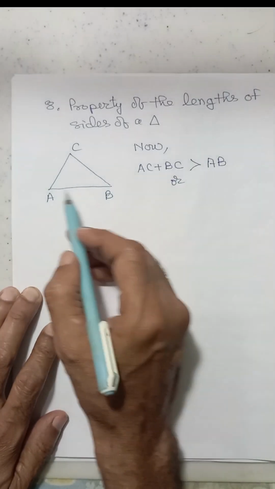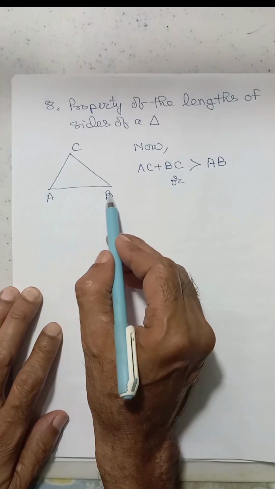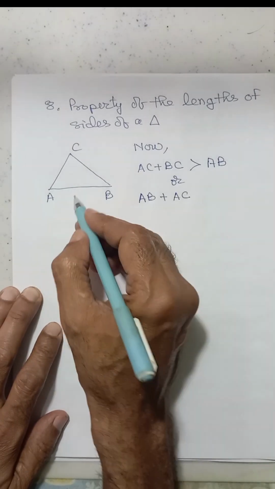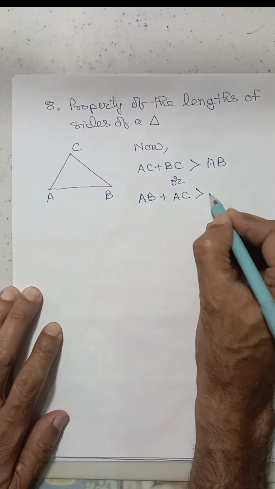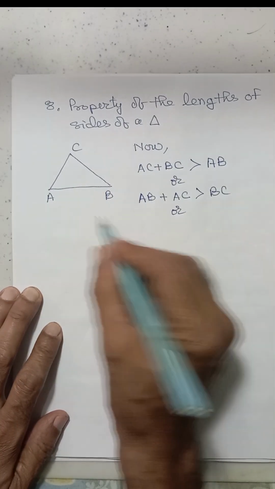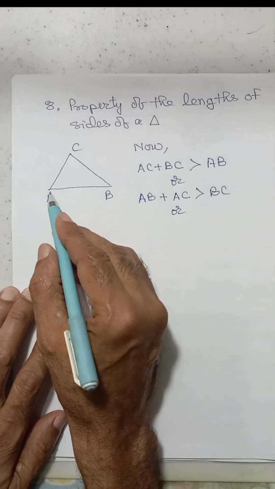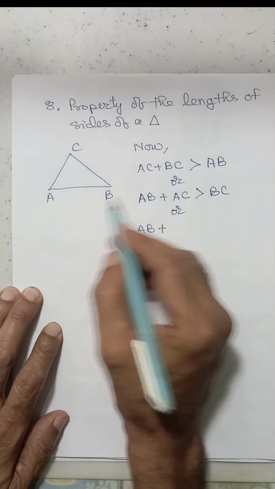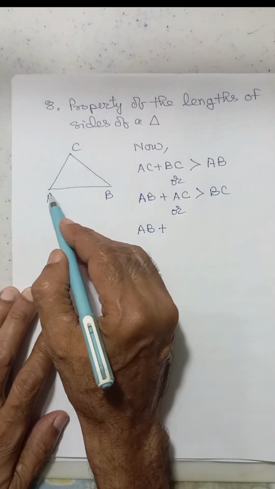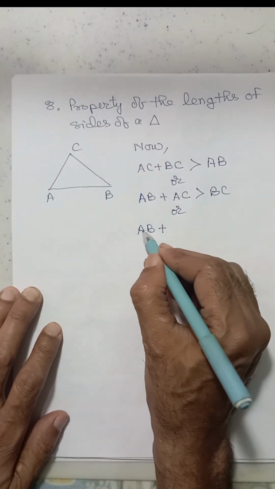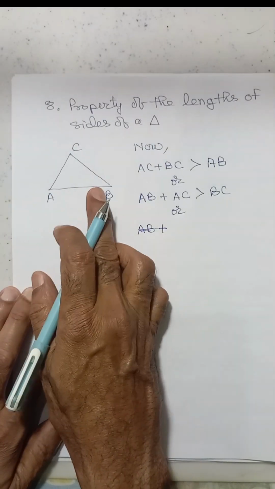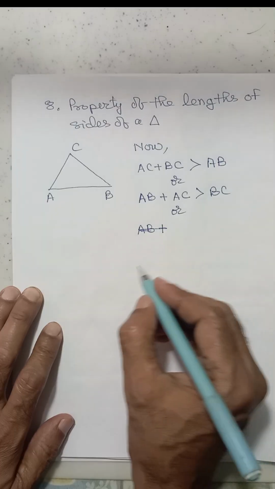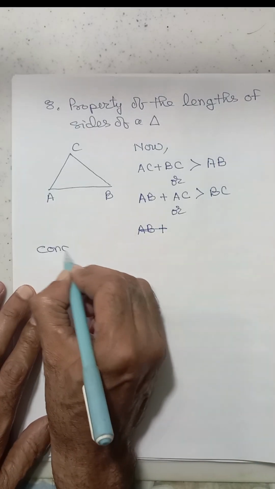Or suppose we are adding AB plus AC, that will be greater than BC. Or we are adding AB plus AC, AC plus BC. So we have proved it. So if we add the lengths of two sides of a triangle, it will always be greater than the third side. So we will write here the conclusion.